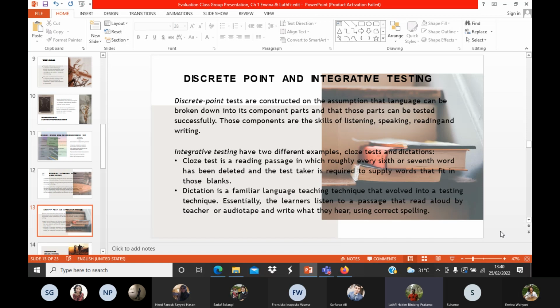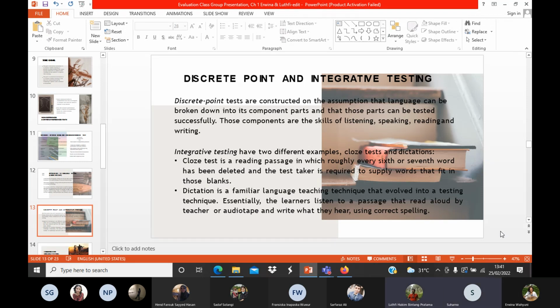And for integrative testing, it is the testing of language in context, and it is concerned primarily with meaning and the total communicative effect of the discourse. This approach states that communicative competence is global, that it requires the integration of all linguistic abilities.